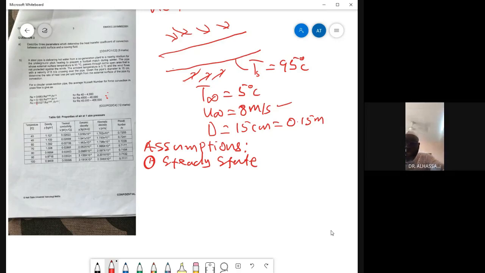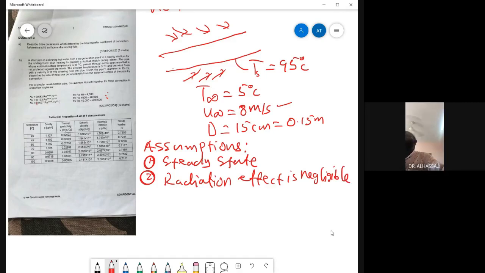Number 2, radiation effects are negligible. So it means there is no radiation.